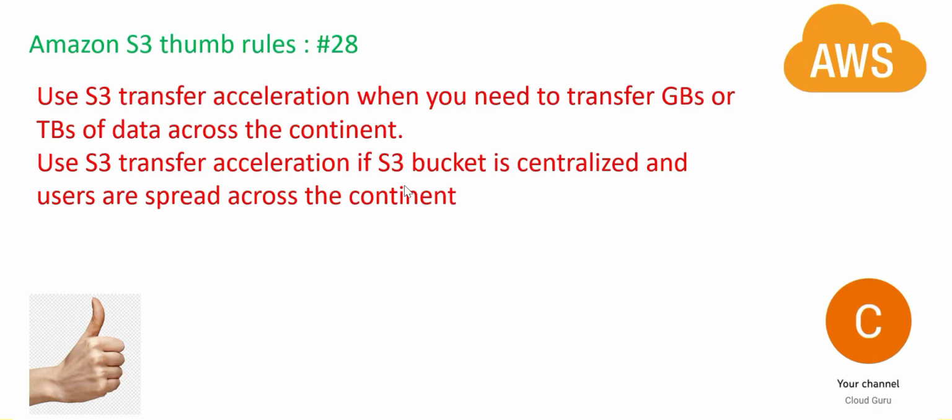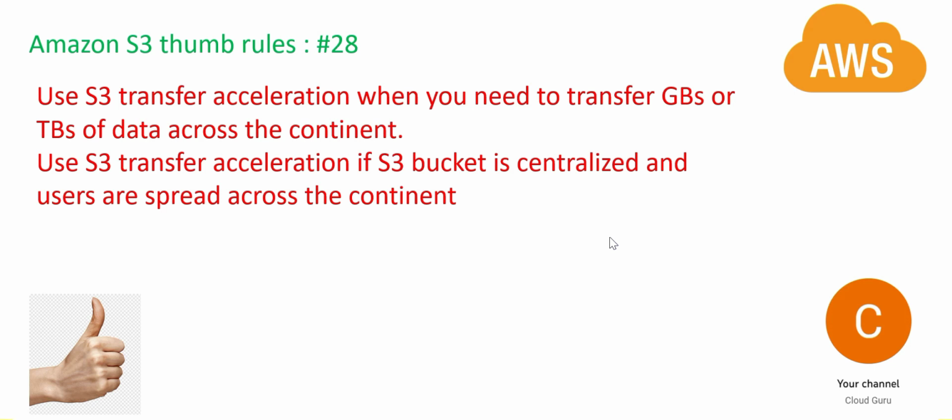Use it only if you have GBs or terabytes of data to be moved across continents, from Asia to USA, from USA to Europe. Okay, that is one thing. Or use it if, suppose, you have a centralized S3 bucket. What I mean is, you have this S3 bucket in the US, suppose in the Ohio region, and it is close to the user base, but there are users in UK, in France, in India, in London.